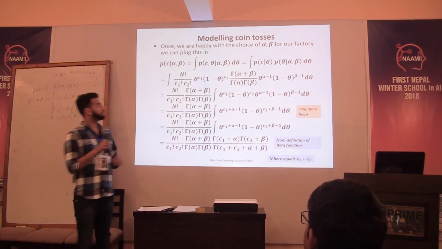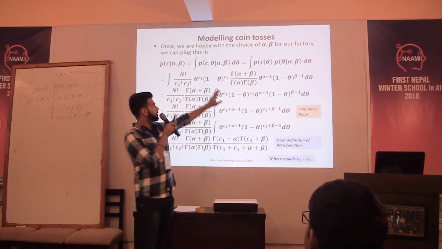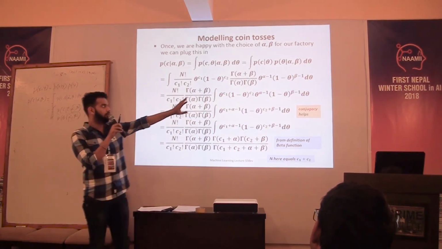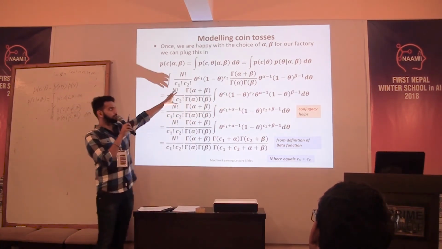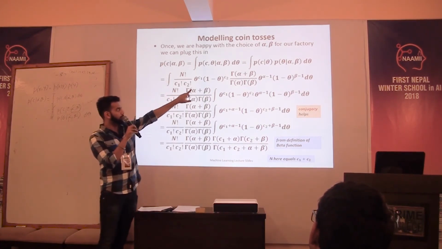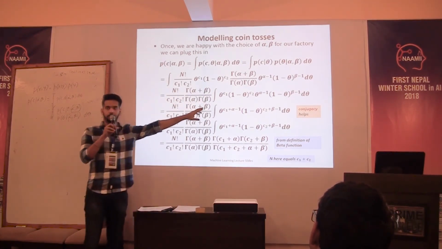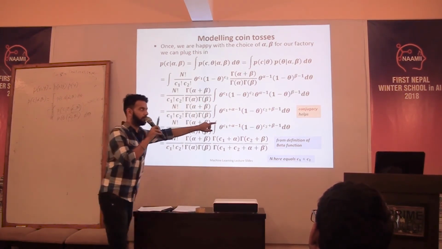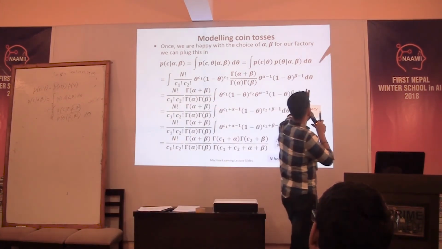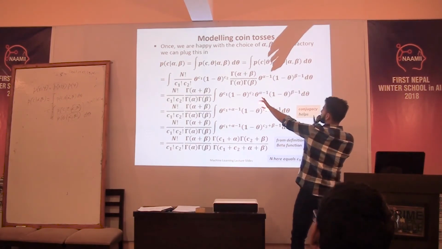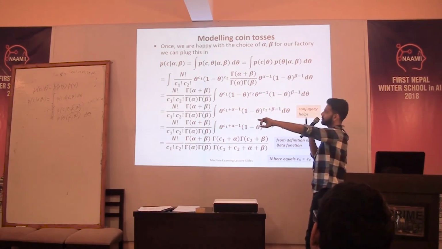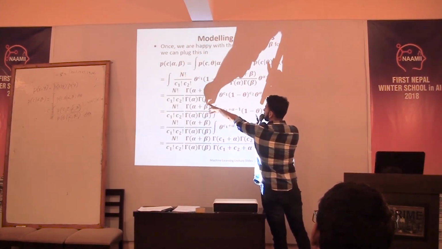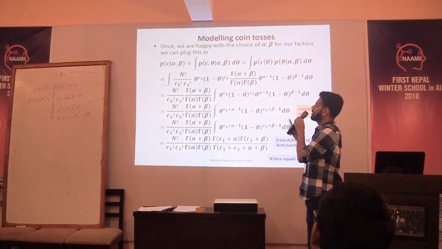So now that we have this derivation of P of C given theta, we are substituting the functions for the binomial and the beta prior. Since the integration is over d theta, we can take out any term which does not have a theta outside of the integral. That would be all terms with n, c, and B of alpha comma beta.